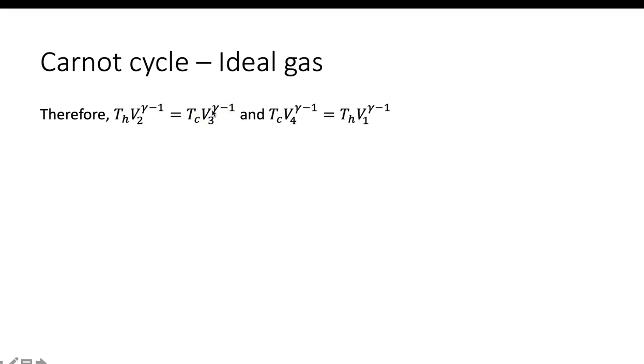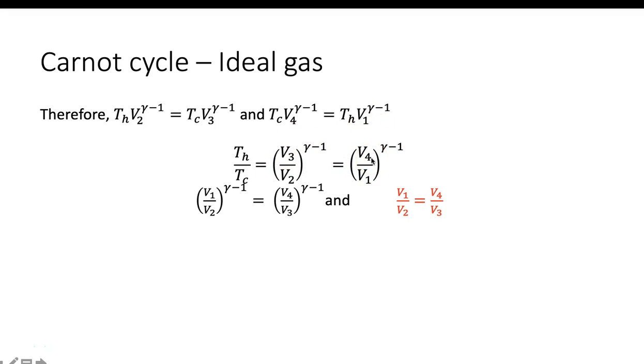We know that PV gamma equals PV gamma, and we've added that in. And then we can rearrange this. So that means the hot temperature over the cold temperature is the same thing as V3 over V2, or V4 over V1, raised to our quantity there. And then we can rearrange.